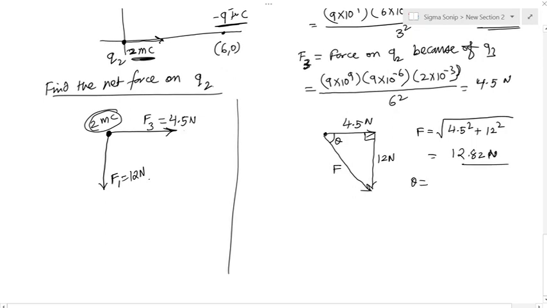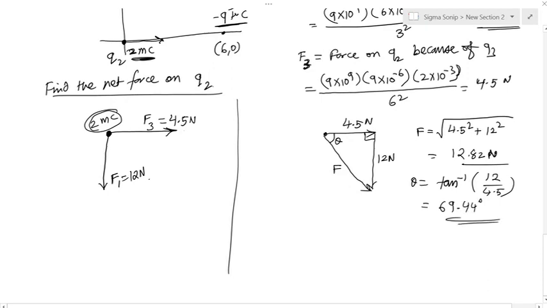And theta is equal to tan inverse 12 over 4.5. I'll just need to use a calculator for that. Tan inverse, 12 divided by 4.5, that theta is equal to 69.44 degrees.